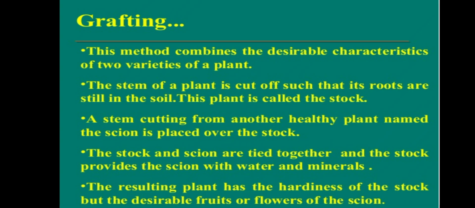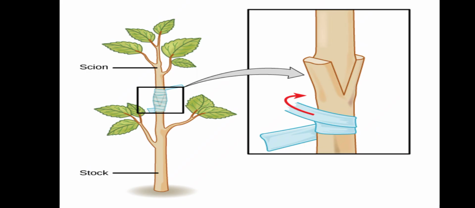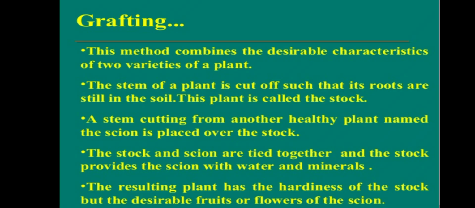In this process, the stem of the plant is cut off, so that its roots are still in the soil. So the whole stem is cut and the stalk is remaining over there. A stem cutting from another healthy plant, namely the scion, is placed over the stalk.